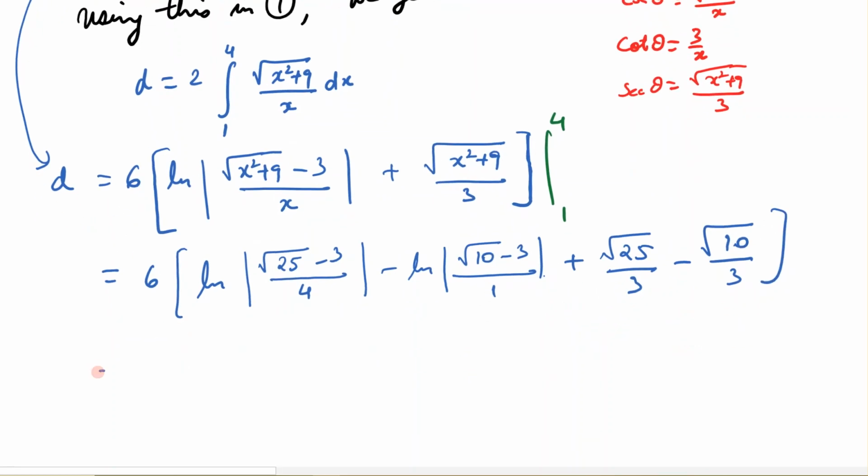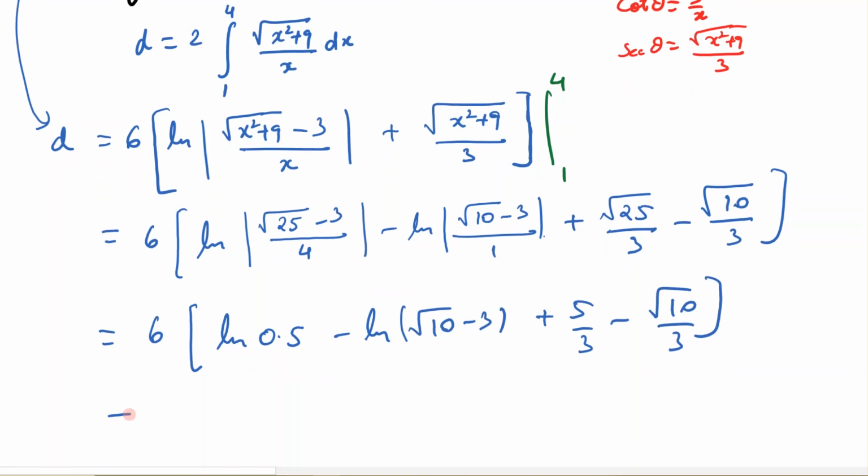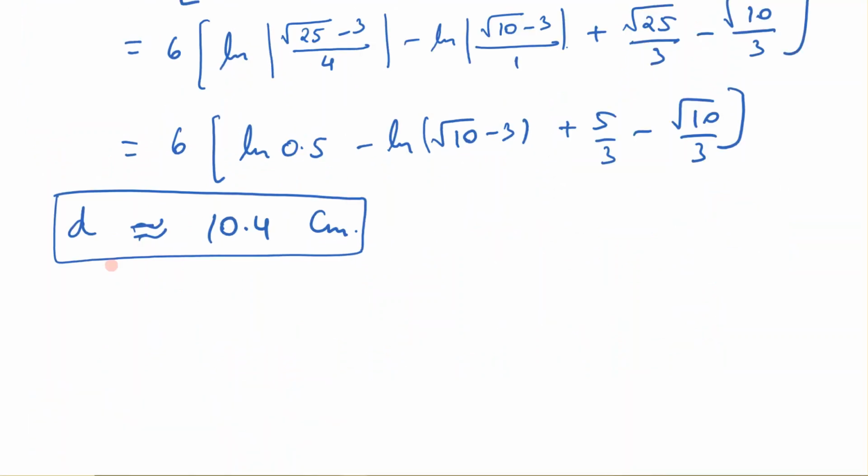And in the next step, we get 6 ln of 5 minus 3, 2 over 4, so this is 0.5, minus ln of square root of 10 minus 3 plus 5 over 3 minus square root of 10 over 3. We can use the calculator to figure out this value, and in the end we get approximately 10.4 centimeters. So that is the required distance which the robotic joint moves in one cycle.